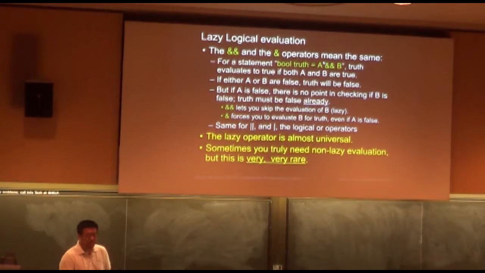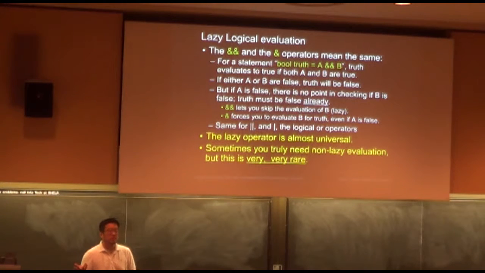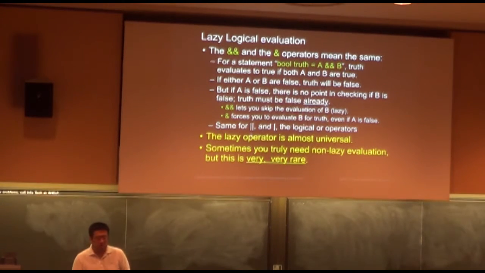So, for example, A and B is true only if they are both true. So if A turns out to be false, it will not evaluate B, because why evaluate B? You already know that the result has to be false. The same thing is true for OR. OR will give you true if at least one of A or B is true.